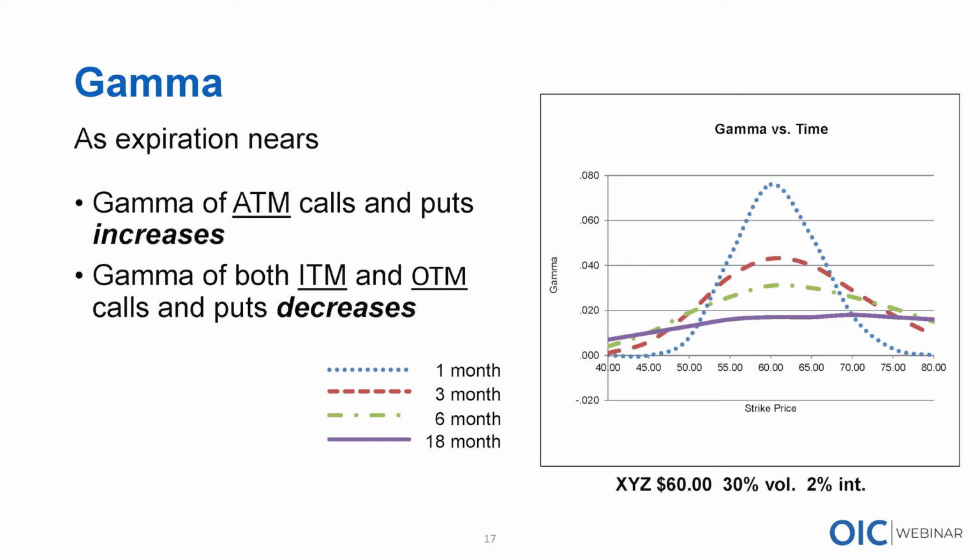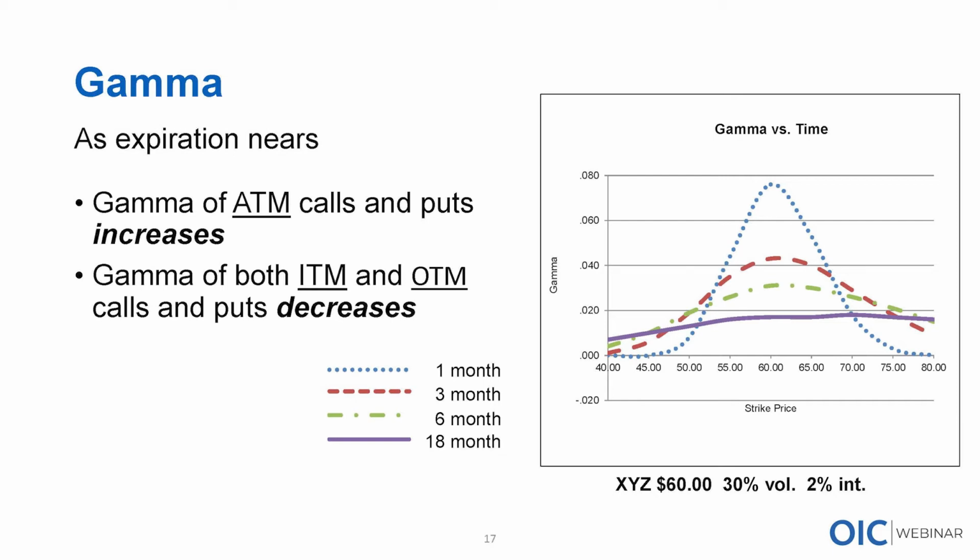Maybe they purchased the 120 calls, $20 out of the money. But then all of a sudden the stock makes a big move towards that strike. Well, the traders who have sold those options are going to be short a lot of gamma once it gets near that strike. In other words, they're going to be short gamma. Their deltas are going to explode, meaning that they need to buy more and more stock as the stock goes higher and higher just to hedge themselves.